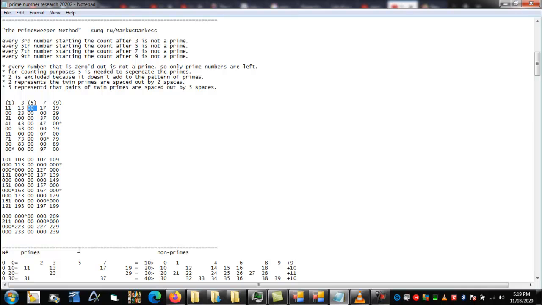That's supposed to be 15, and we end up there, not a prime. Then we count 1, 2, 3, 21, not a prime. Then 1, 2, 3. Here's 27, another not a prime.